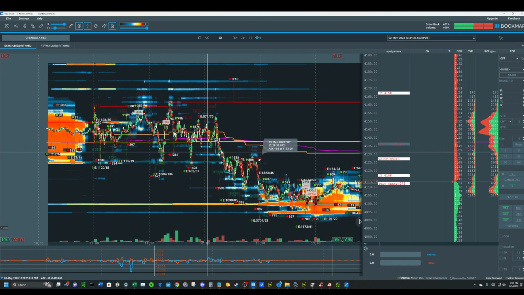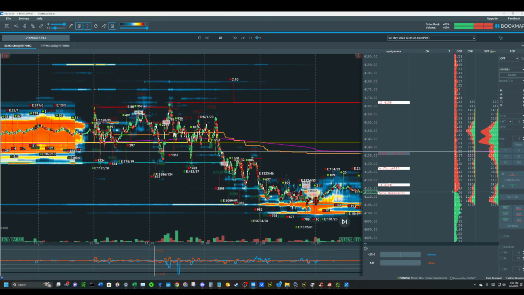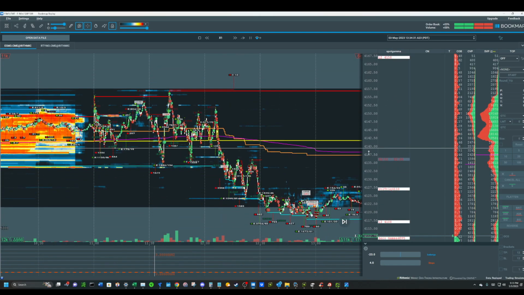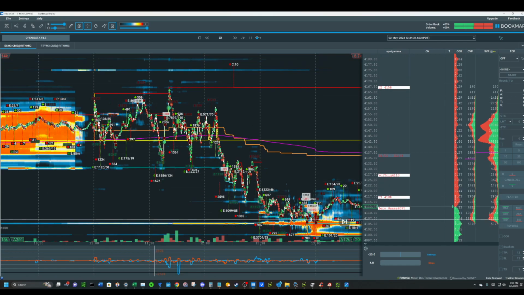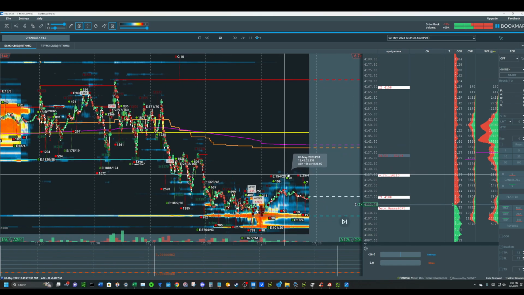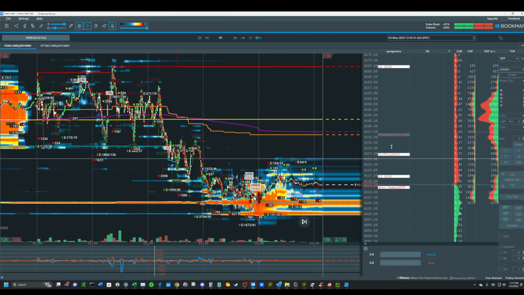But I've been playing around with this spot gamma thing. I got no idea what this stuff means. I kind of gave up on it. It's just sitting there. I don't know what the hell that means. I don't know if it'll help me or not.